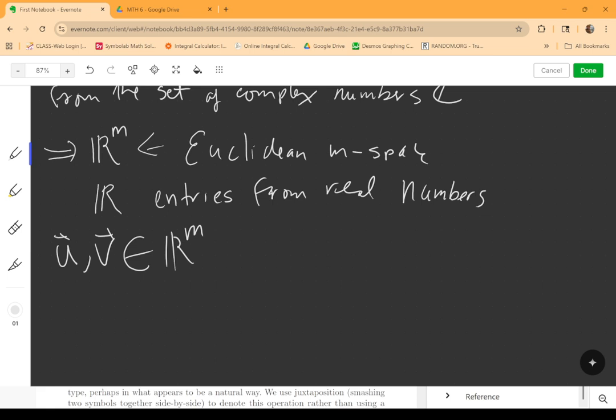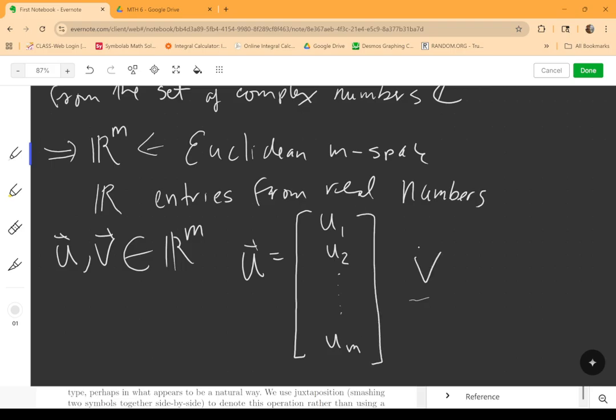So here, u and v being just general vectors in R^m, the vector u is a column vector. So the values look like this: u1, u2, etc., u_m. And then v is the vector v1, v2, v_m.